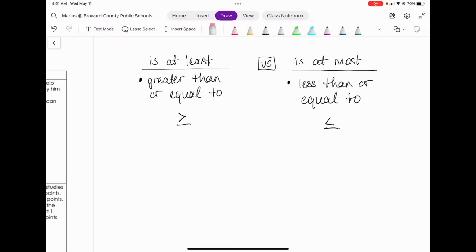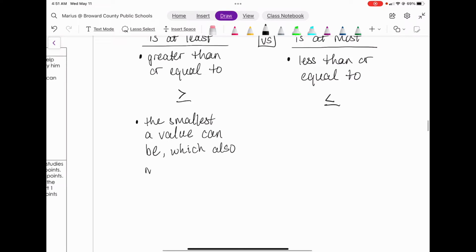Now, another way to think of is at least. At least means it's saying that that's the smallest number that it can be, but it can be anything bigger than that. So another way of thinking about is at least is thinking that the smallest a value can be, which also means that we can have a value larger than.